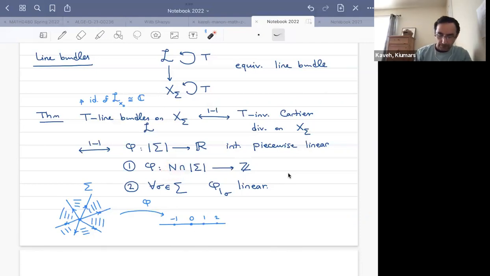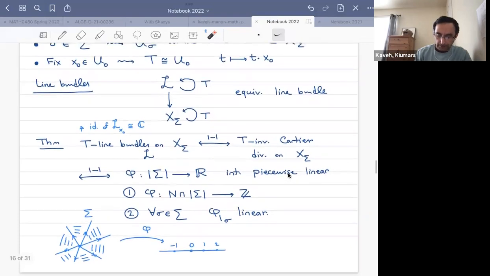Piecewise linear means that the restriction to each cone is a linear function. It may not be globally linear, but the restriction to each cone is linear, and sends lattice points in N to integers. And you can also think that each T line bundle corresponds to a T invariant Cartier divisor.